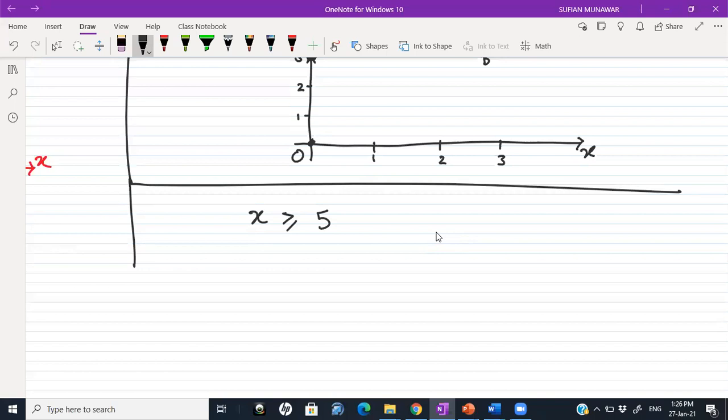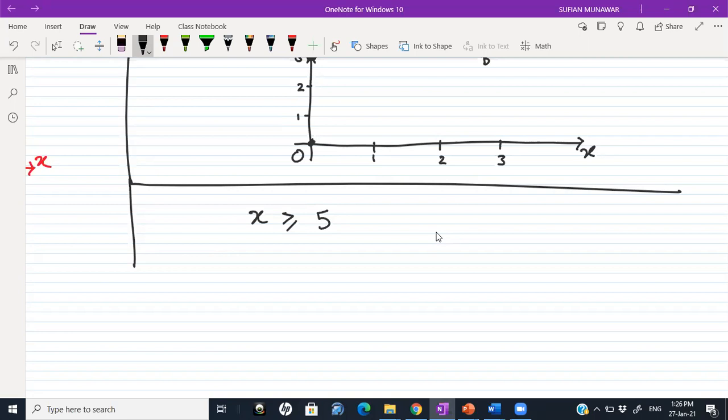It is a vertical line. Then what will be the area? Either right or left, but which one? Only to the right. On the right. Okay, now let us do it.